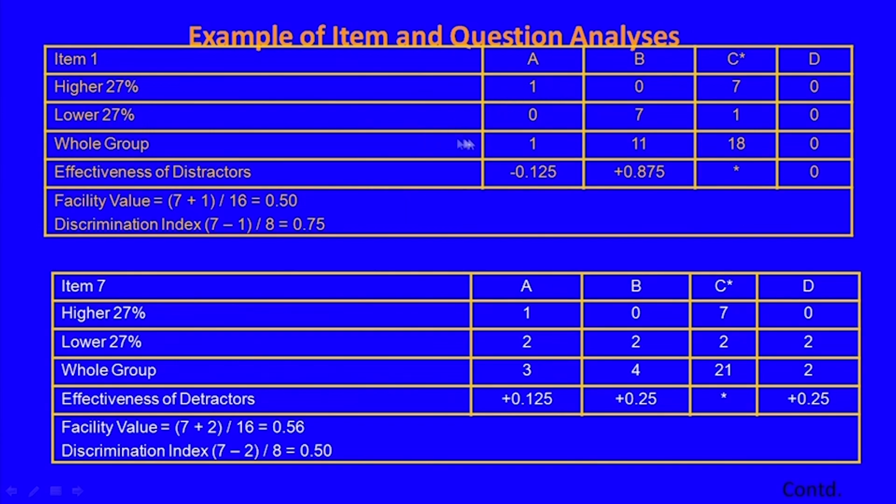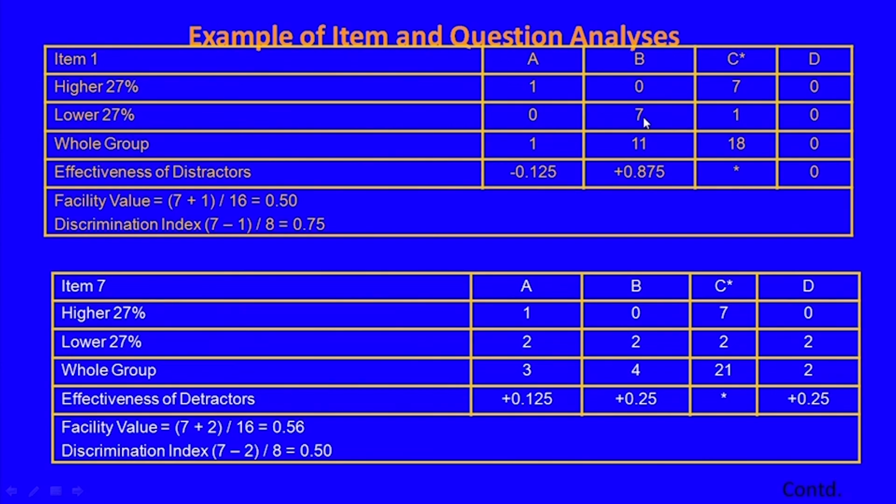If you look at the lower 27%, you again find something very interesting. C is the correct answer. Only one of the lower group has chosen that, and that is why they are the lower group. B is a distractor. 7 students have chosen B as the answer, which means that they are not confident of the correct answer.